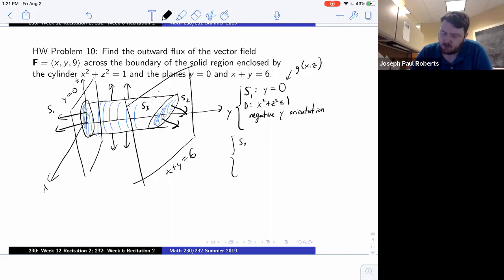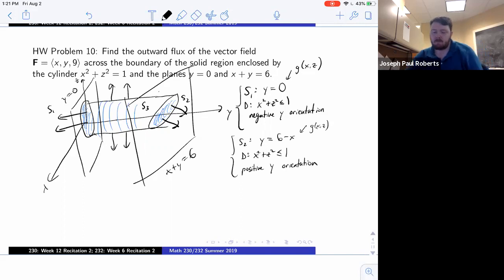For S2, we have a slightly more interesting G of XZ. But we have the same parameter domain, that X and Z belong to the unit disk. Okay, and then that has positive Y orientation.